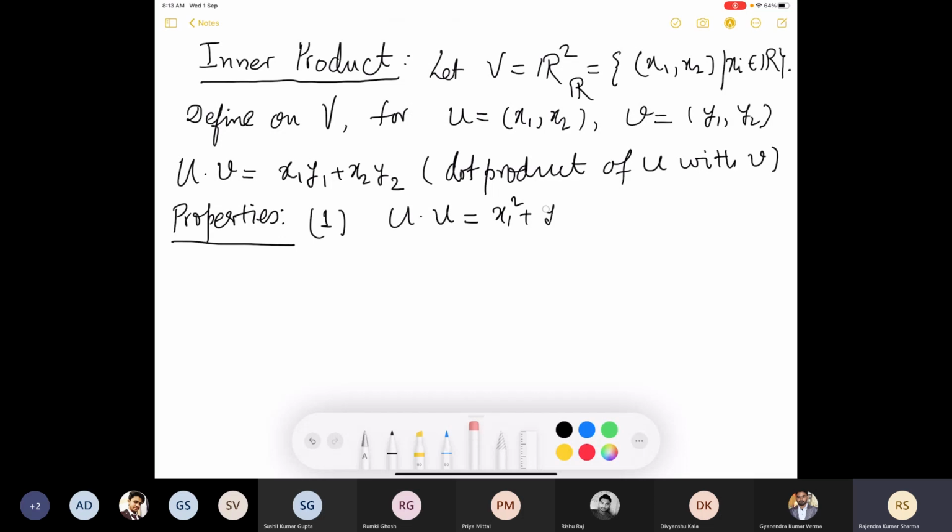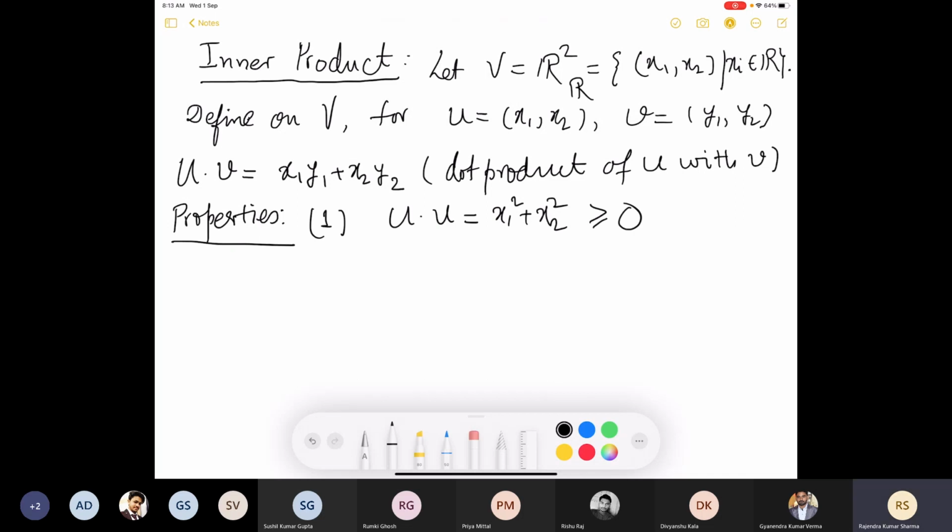So this is your x2 square. Now naturally this is the sum of two squares and this is non-negative.